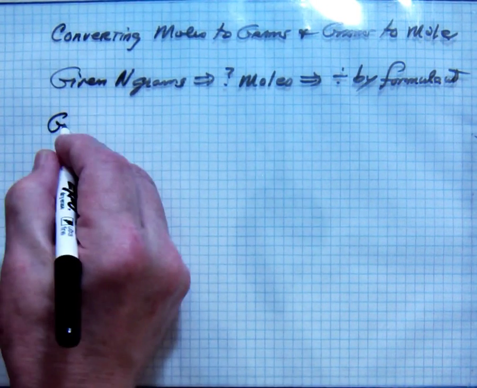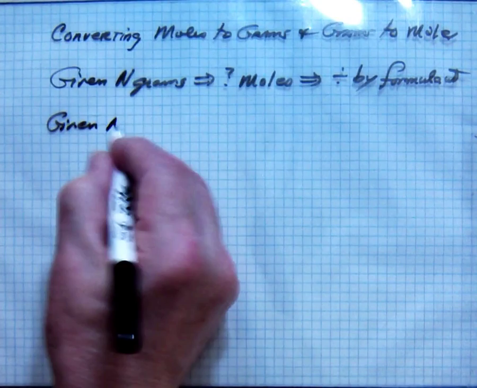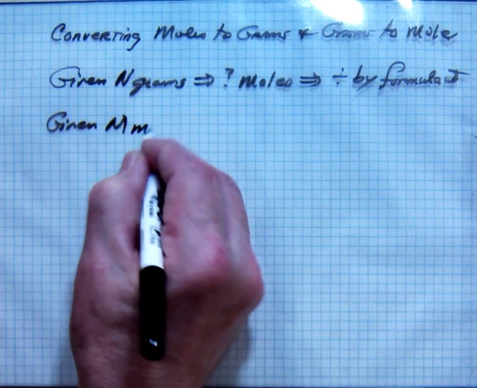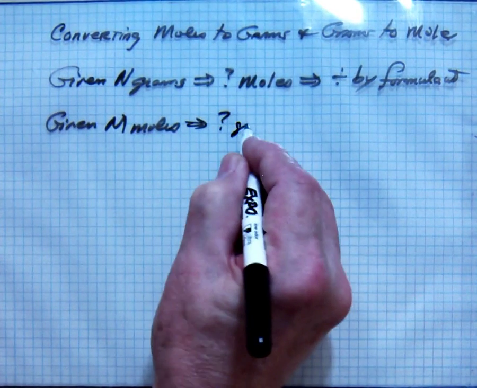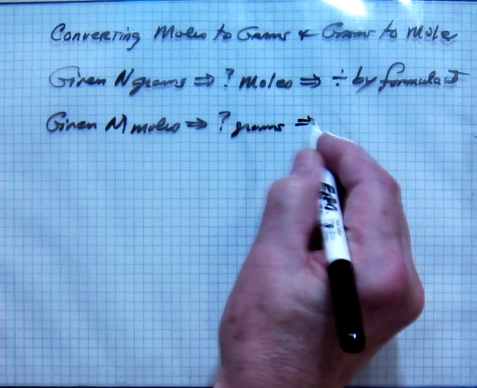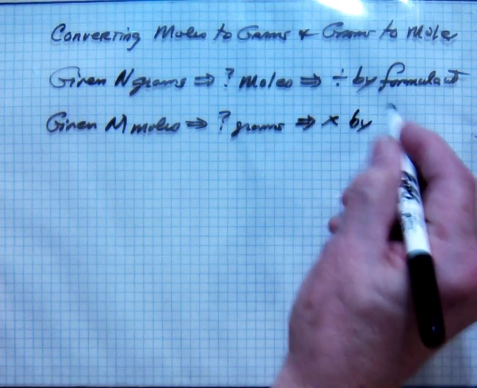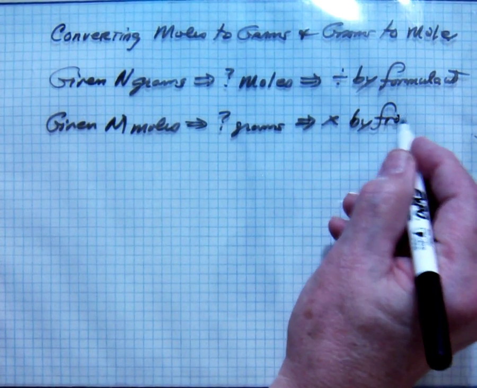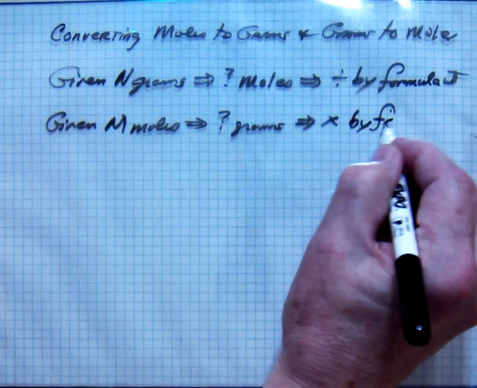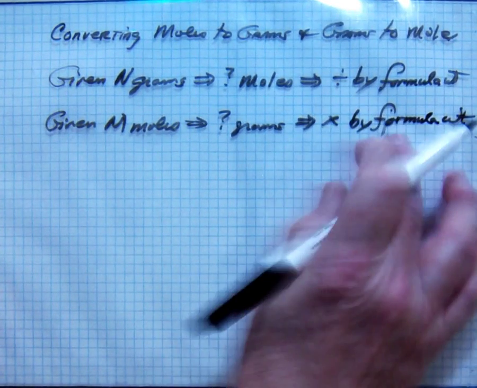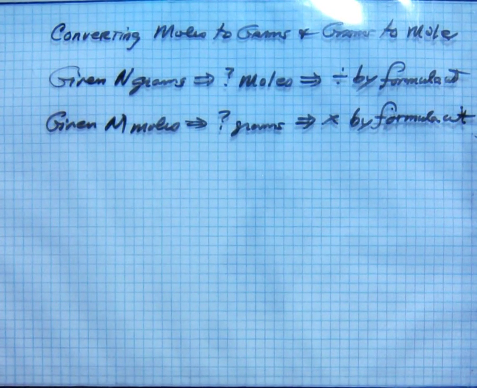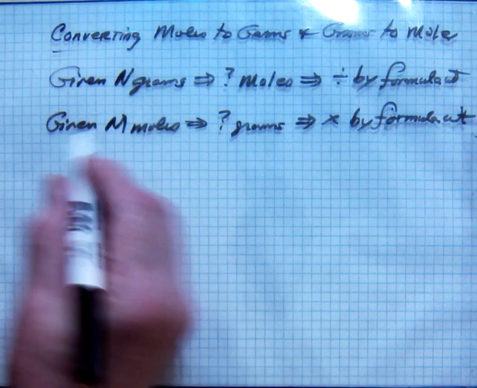If you're given N or M moles of a substance and they want how many grams, it is simply multiply by formula weight. Now these should be learned reflexively and without question be able to handle it, because it will be the base step in working other steps in many chemical problems.